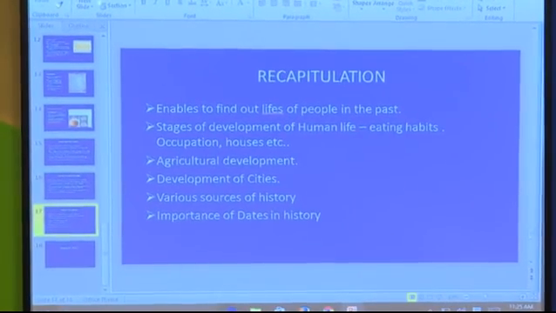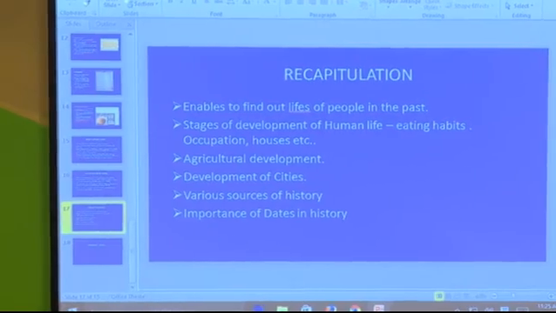And what else have you studied? The main important thing, the various sources of history. What are the sources of history? Come on, tell. Yes, the first one is manuscript, the second one is, come on, try to recollect. Yes, inscription. And the third one, archaeological sites.